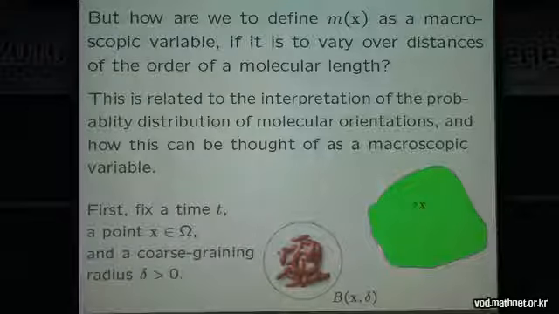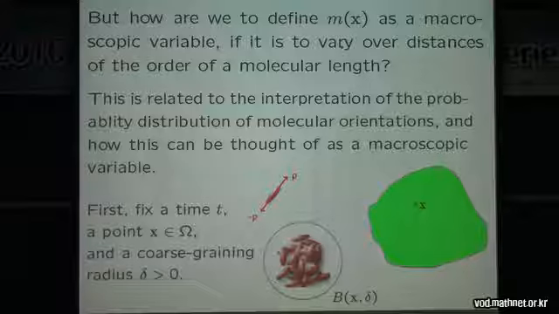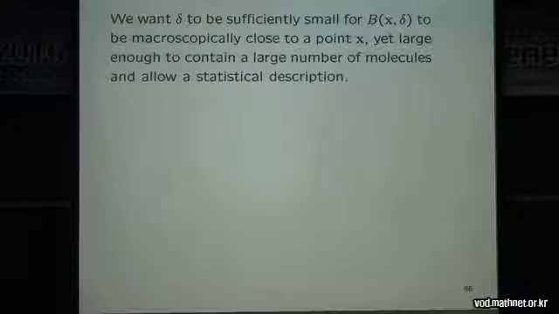You're going to choose delta to be sufficiently small so that effectively you can consider this as a macroscopic point, but on the other hand, sufficiently large to have enough molecules so you can take some kind of average over that ball, right? So then you start picking points at random from that ball and looking to see what the orientation is.